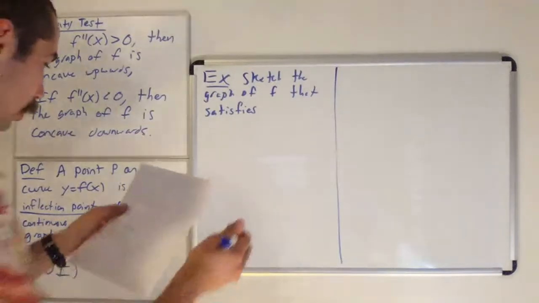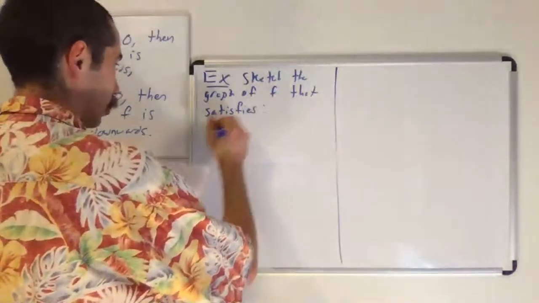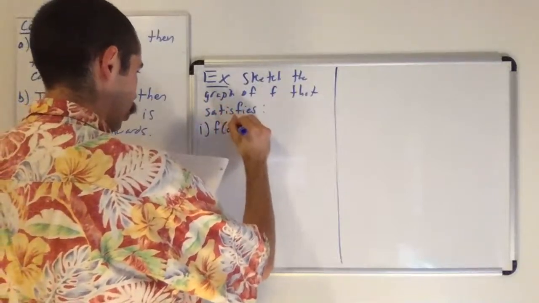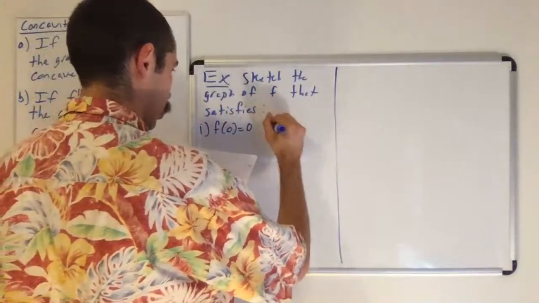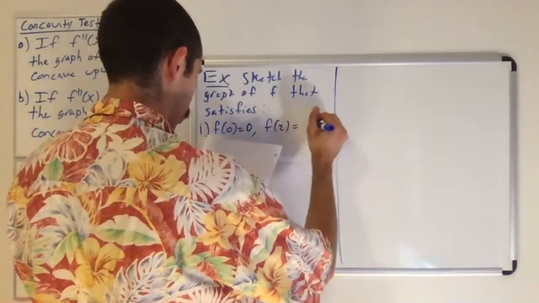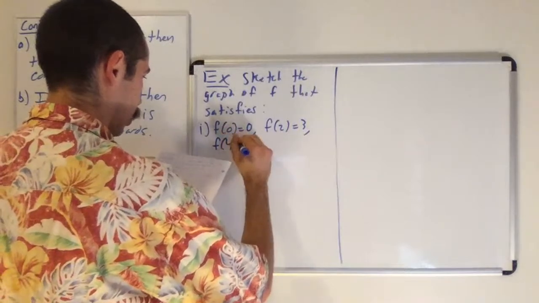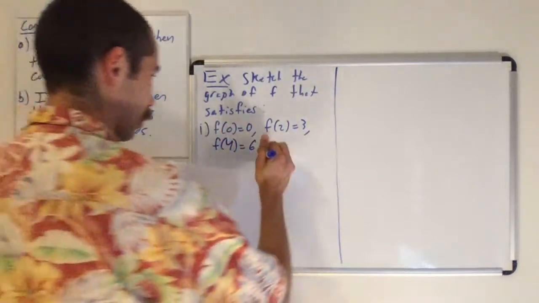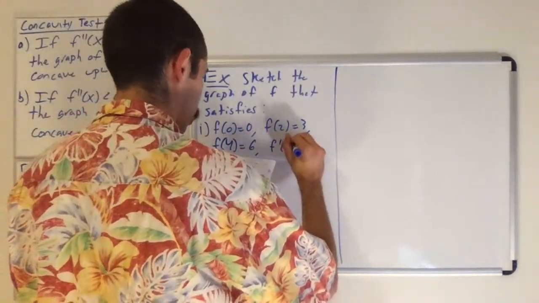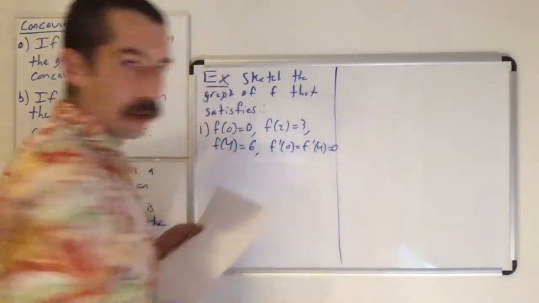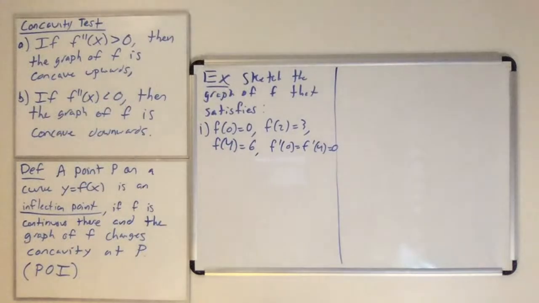So, 1: f of 0 equals 0, f of 2 equals 3, f of 4 equals 6, and f prime of 0 equals f prime of 4 equals 0. Okay, so that's our first condition.